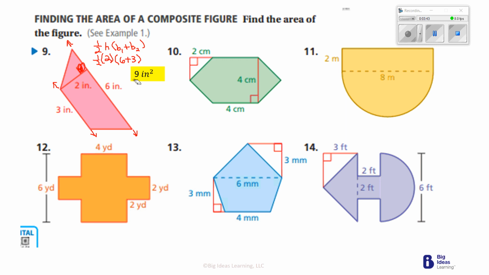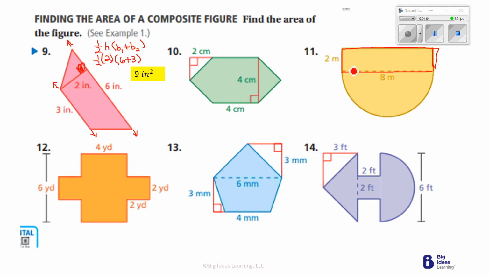All right, let's go ahead and go to number 11. You have number 10 to do. Number 11, I have a rectangle. If I break these up into 2 shapes, I have a rectangle here. And then I have a semicircle here.